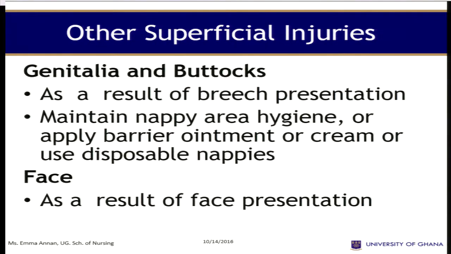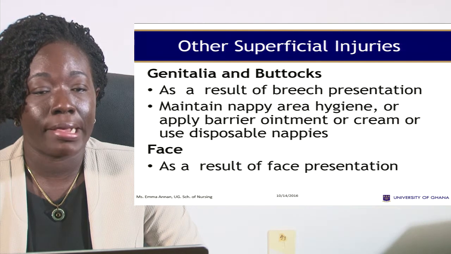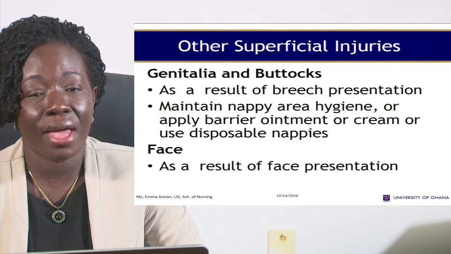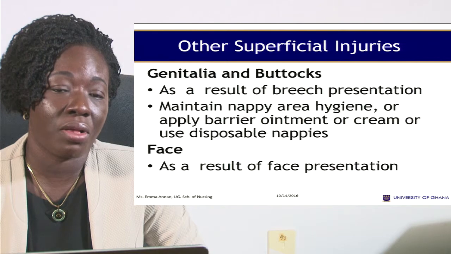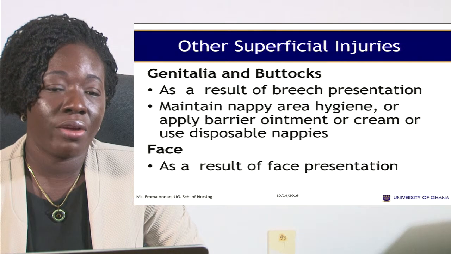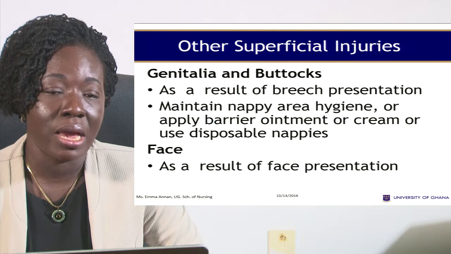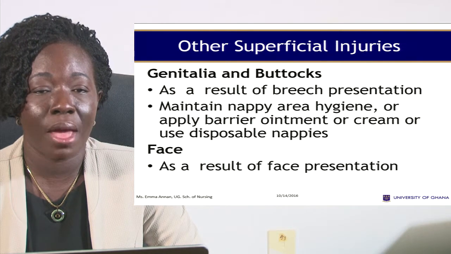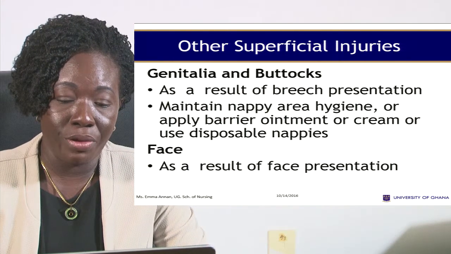All that you have to do is to maintain nappy area hygiene, or apply barrier ointment or cream to the area, or use disposable napkins. We also have injuries to the face, and this one is also as a result of face presentation. So if the baby is coming with a face and we do VE, if you're not careful, the baby is going to sustain superficial injuries.